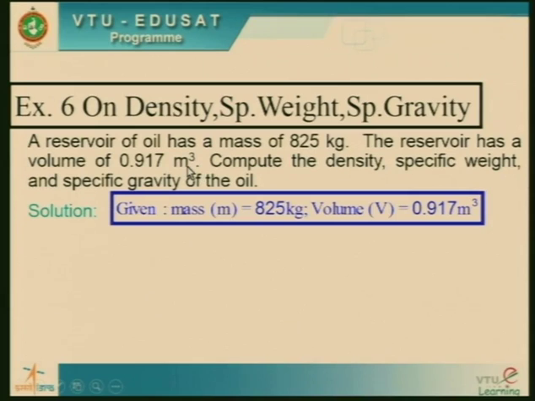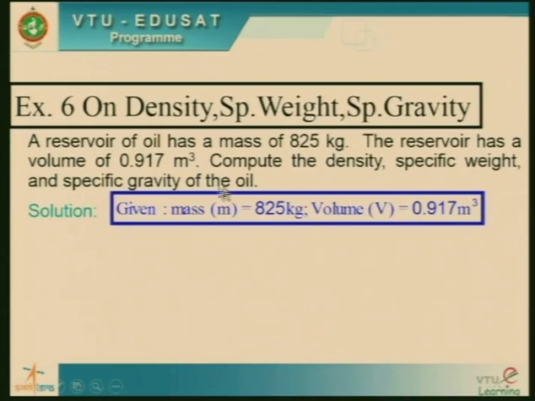It means if I take this duster as an oil container, it has a weight of 825 kg and this volume means pi by 4 d square into length, whatever it is, the value is 0.917 meter cube.